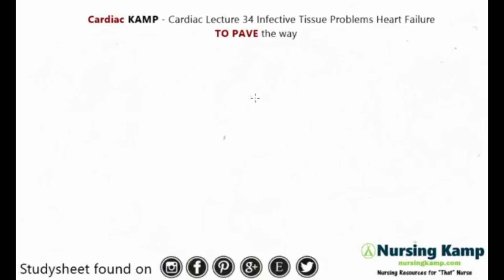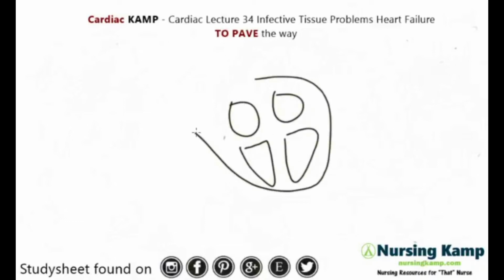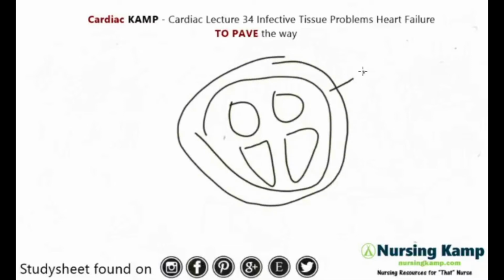So when looking at the heart and the structure, we have a sac around it, right? And that's called the pericardium. And that's where we have pericarditis, peri, outside the heart.